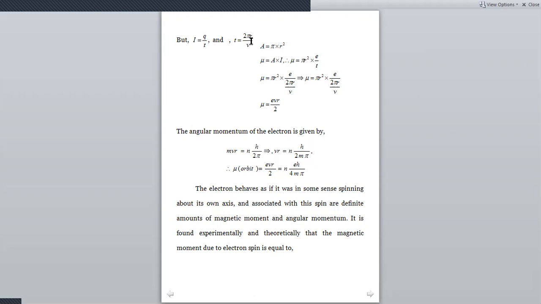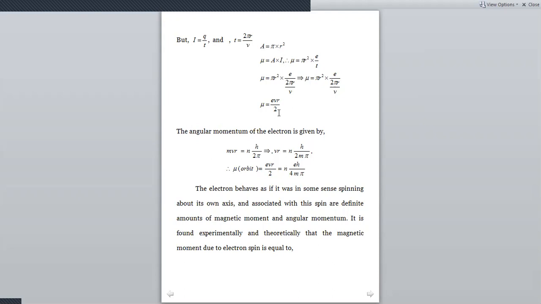It is given by 2 pi r upon velocity of the electron, and the area of the loop is pi r square. Therefore, the magnetic moment is given by mu equals current into area, pi r square into e by T. Therefore, by solving this, we get the equation mu equals e v r by 2.